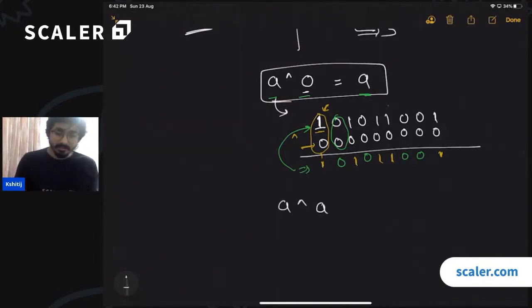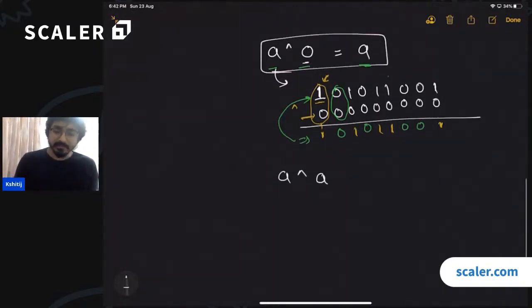Now let us see one more property of XOR. If I say that there are two integers a and b, and a XOR b is equal to k, what can I say about the value of b XOR k?